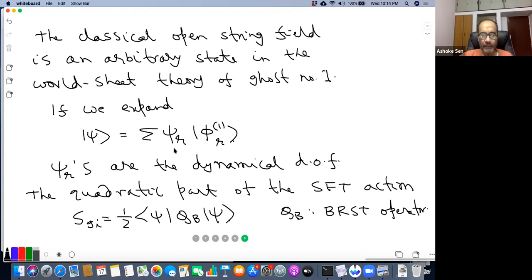Which basically means that you substitute this expansion in this expression, and you get some function of the psi_r's, and that by definition is the classical action. You define a path integral weighted by e to the minus S, the Euclidean path integral.